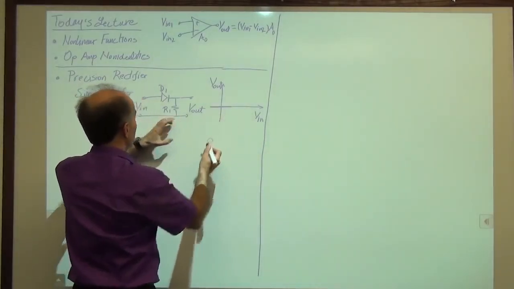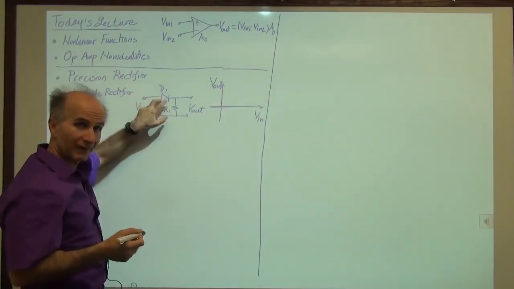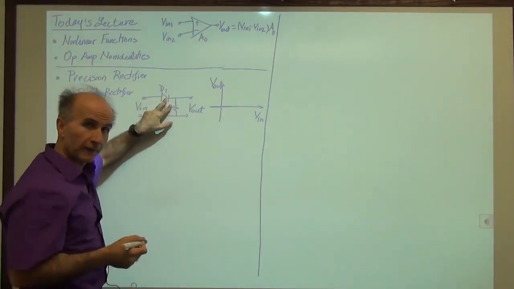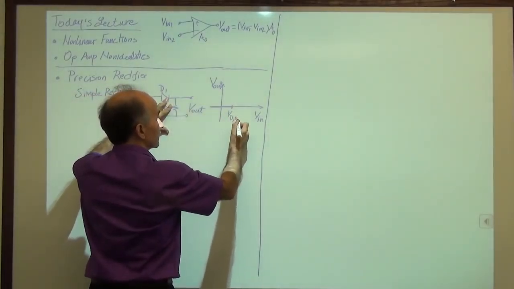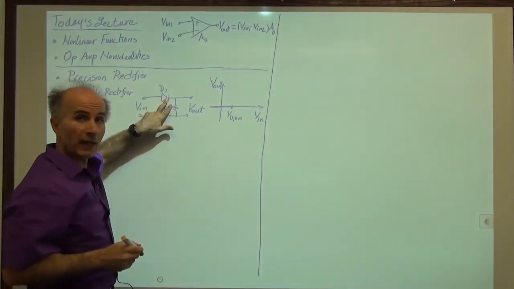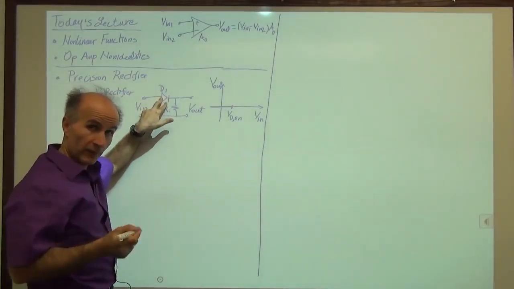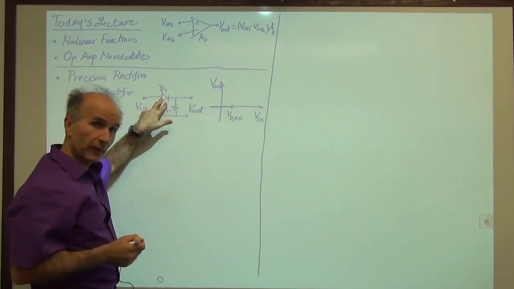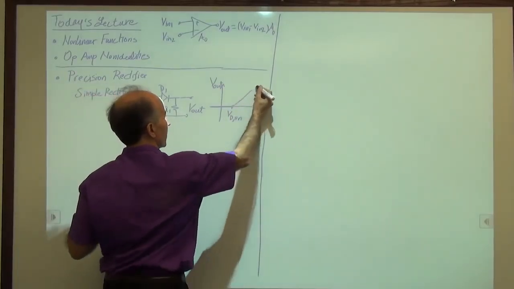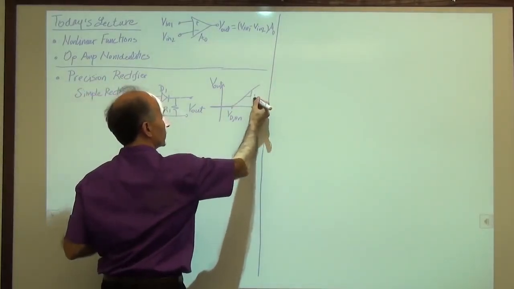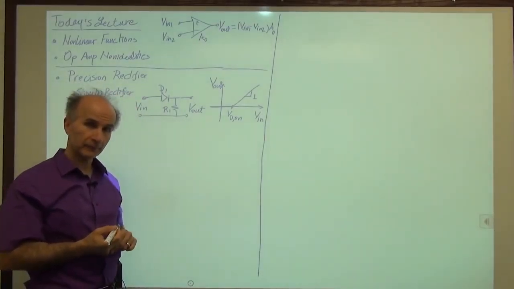And then when V in reaches a large enough value, positive value, meaning VD on, the diode turns on. So around here, the diode turns on. From now on, we have a simple battery connecting the input and output if we use the constant voltage model, which means the output simply follows the input. So the output follows the input with a slope of 1. That's what we saw for the simple rectifier.